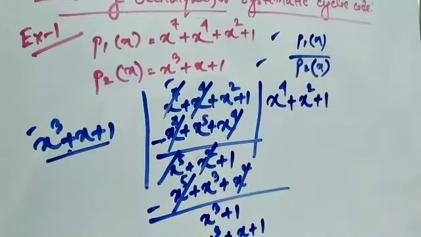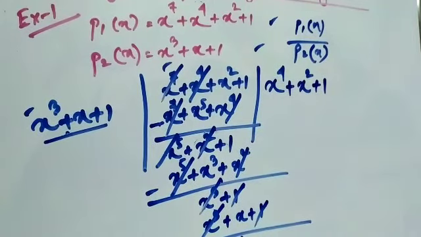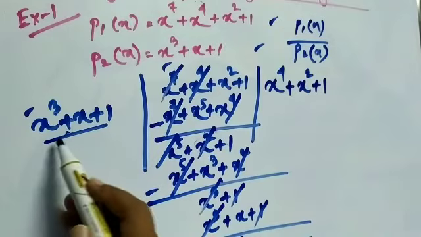Now we cancel this term and this term. So the remainder part is x. It is our final term, or our remainder. Why? Because this term is never divisible further by this term.